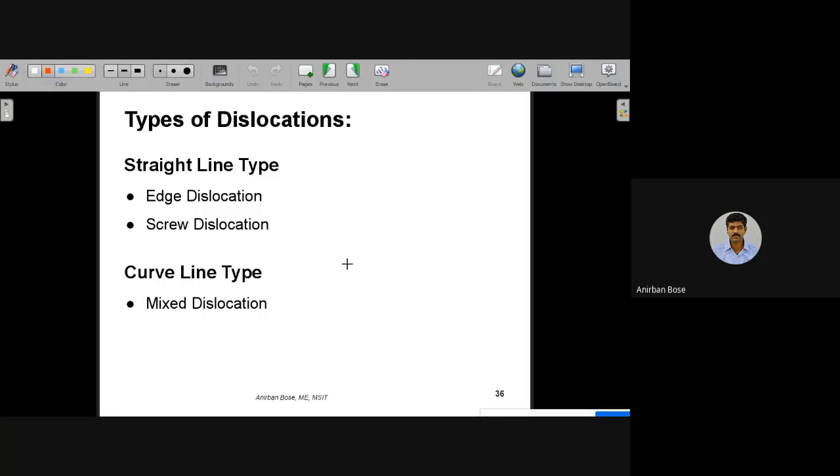So let us consider a curved line defect, and around this line if you consider a region which is in the order of say 2 to 3 atomic diameter, this is the region which is affected. So that is what is the line defect.